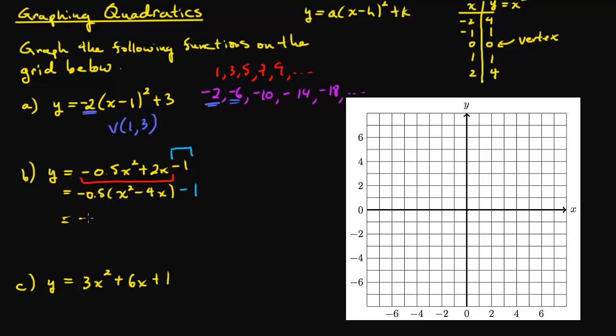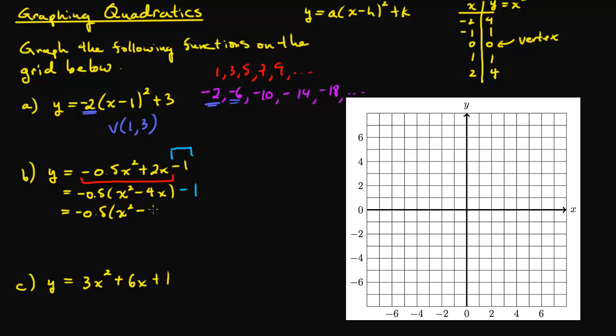So let's take negative 0.5 times x squared, then half of negative 4 is negative 2, and squaring it gives 4, and we add and subtract 4.